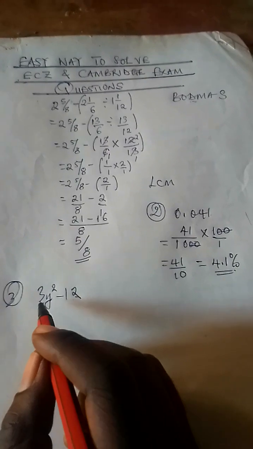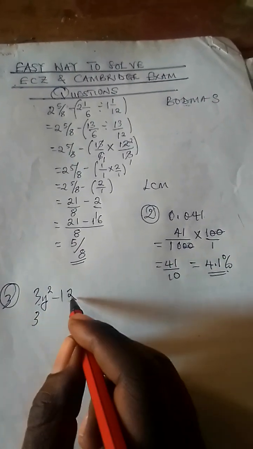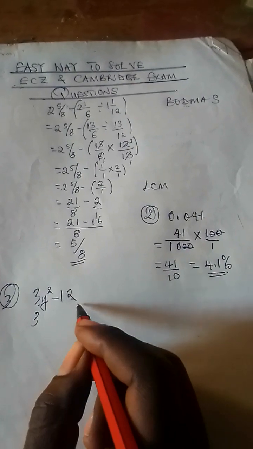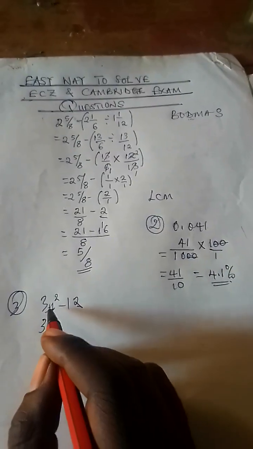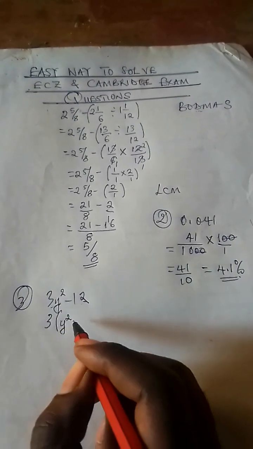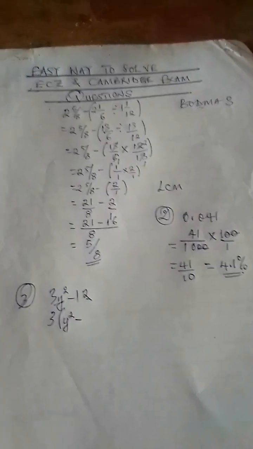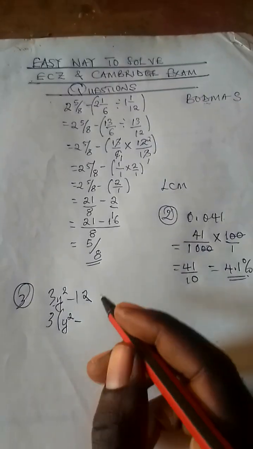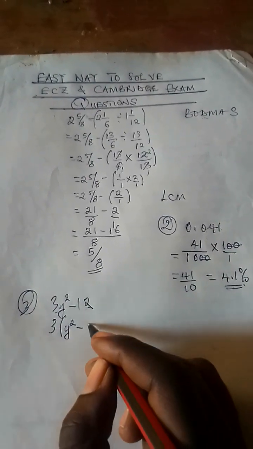We know that 3 can go into 12 without leaving a remainder, so we get 3. Then since this 12 has got no variable y, we just open brackets there, and 3y squared divided by 3 should give us y squared, minus 12 divided by 3, it is 4, just like this.